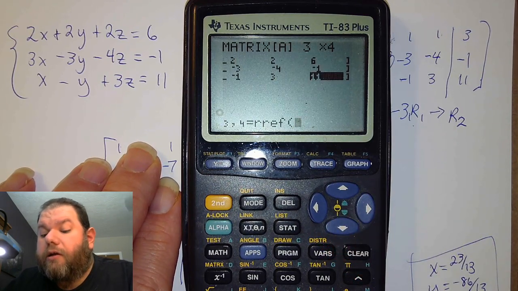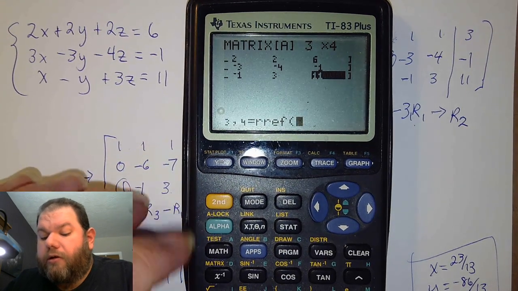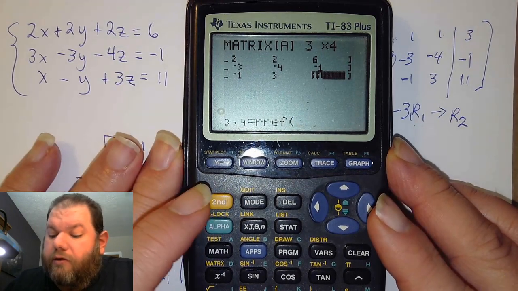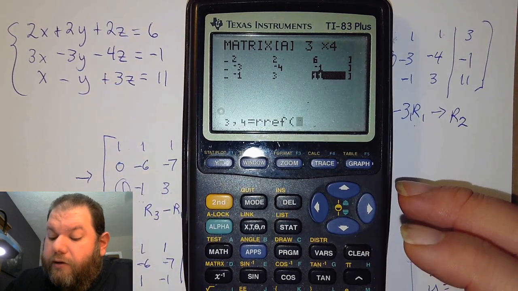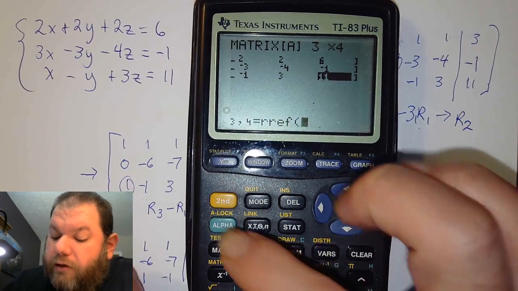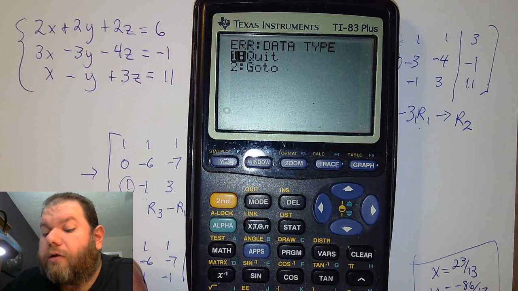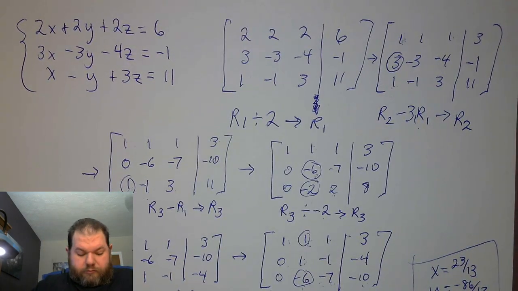There we go, B. And that's matrix A. Let's see, where's that letter A? Hmm.